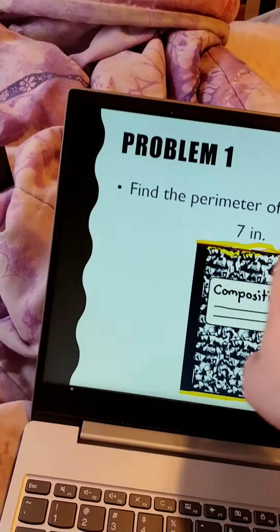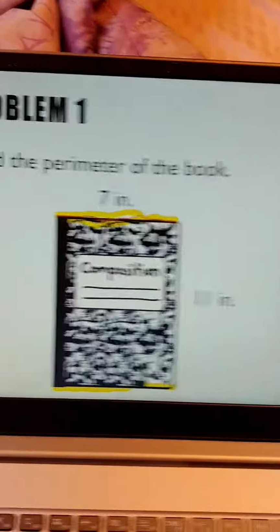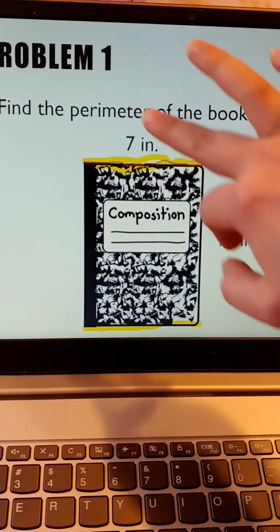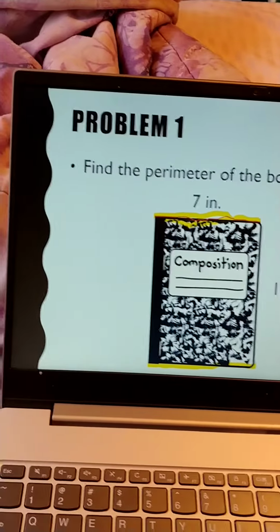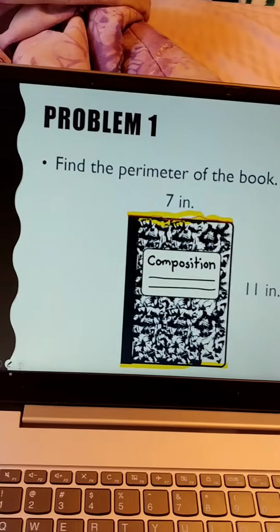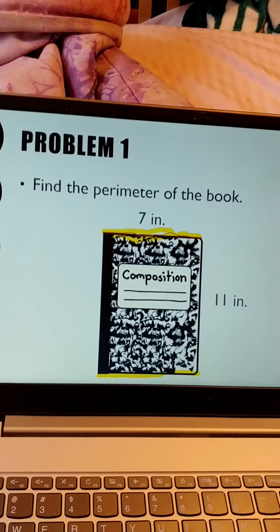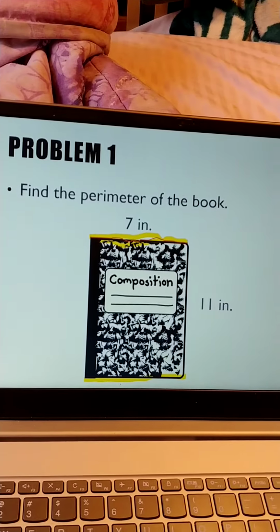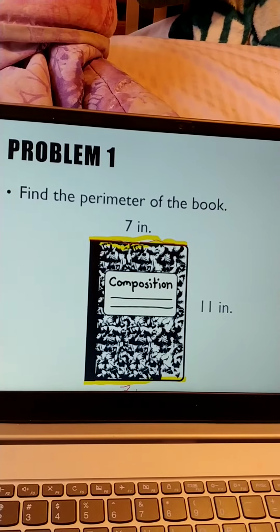The two parallel sides on a rectangle are going to have the same length, or the same width in this case. So if the top has a width of 7, that means the bottom is also going to have a width of 7. So this side is also going to be 7 inches.